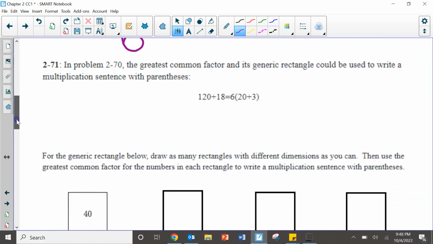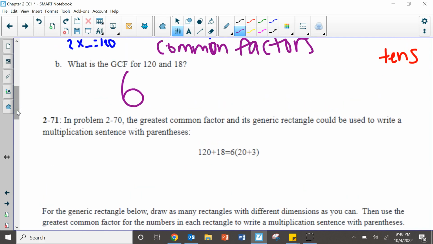All right. So if you wanted to write this out in a multiplication sentence with parentheses, you could have written 120 plus 18 is equal to 6 times 20 plus 3.